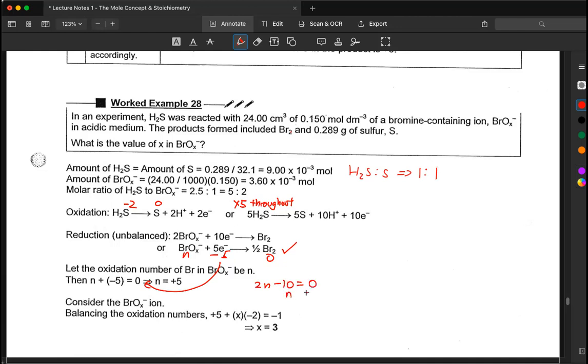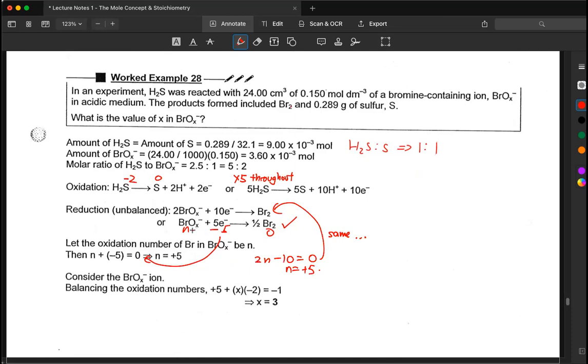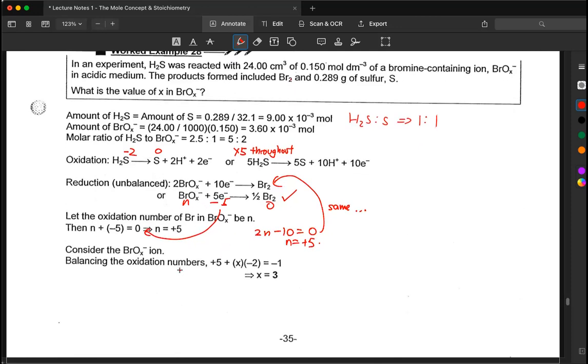You still get N equals plus 5. It's the same. So now you know that this is plus 5. So balancing the oxidation number: plus 5 plus x times minus 2 gives you minus 1, considering this ion. And you get x equals 3.